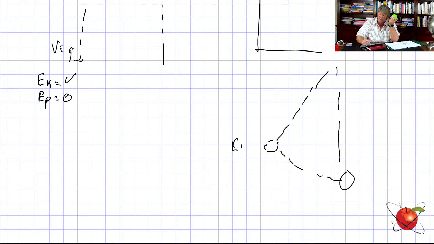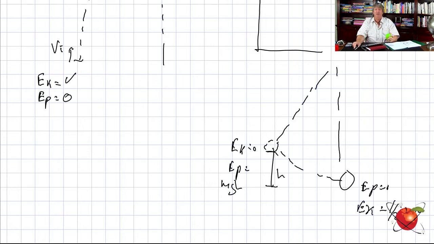And we said here the EK was 0, the EP was equal to mgh, where that is h over there. And over here, EP equals 0, EK equals a half mv squared, right? So this is a similar type of process.